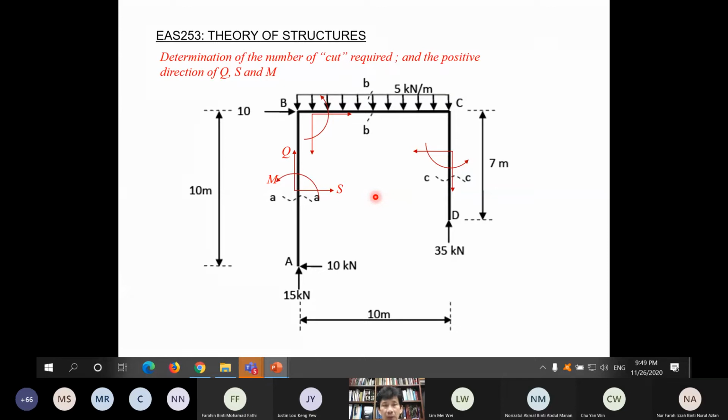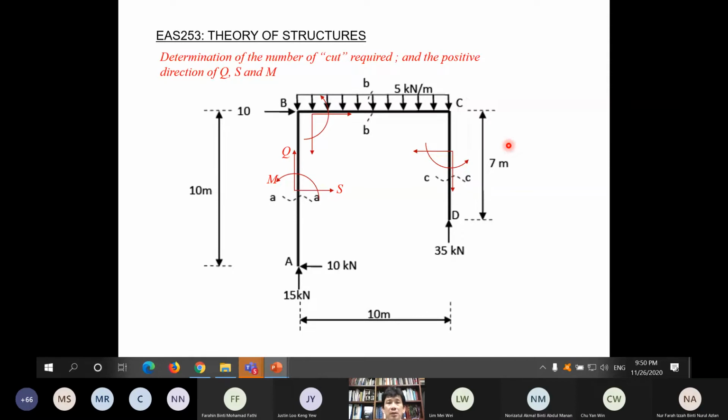For the time being, please take this as the positive direction when you cut through here, positive Q, positive S, positive M. When you cut through here, positive Q, positive S, positive M. And when you use the section on this part, positive Q, positive S, positive M. After this, I will explain how we define this.